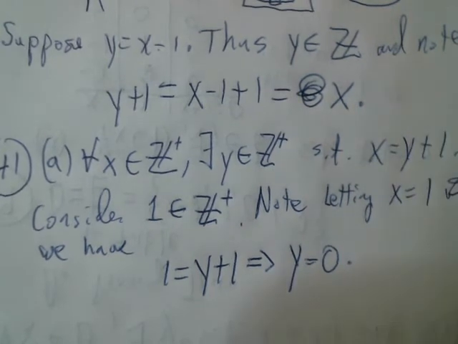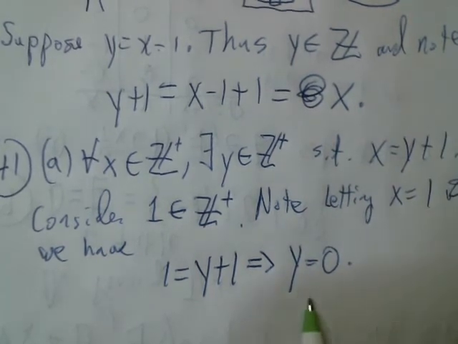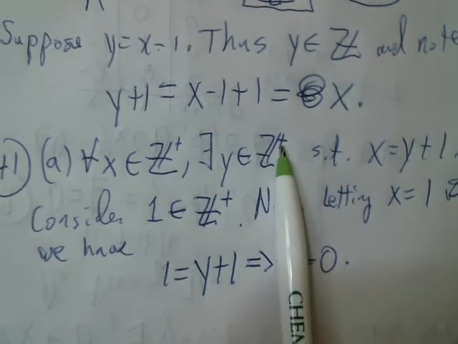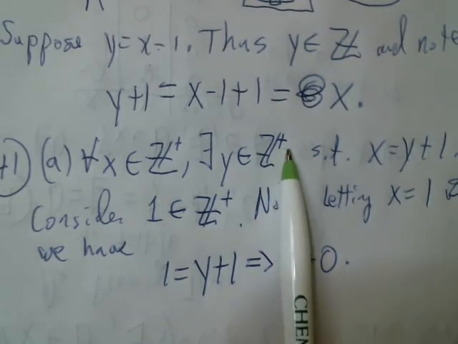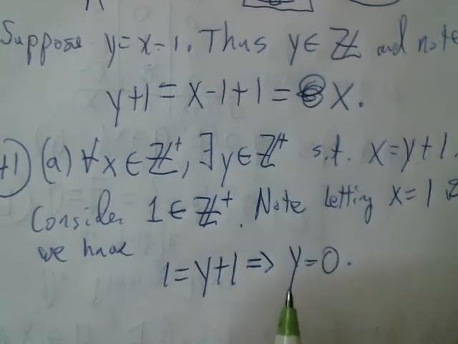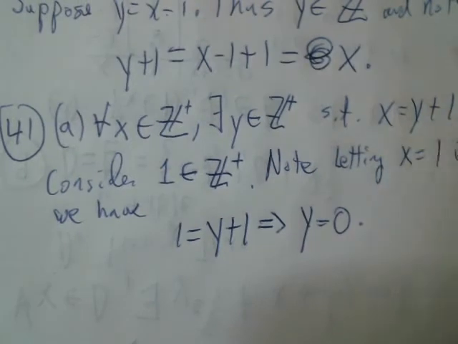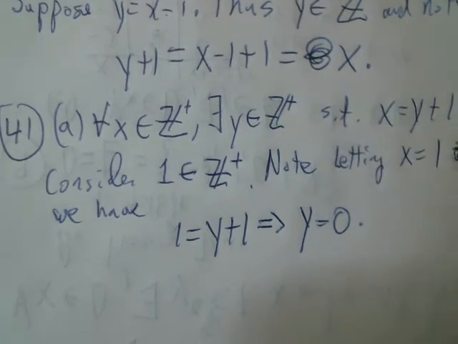Okay, this is automatically a problem because 0 is not in the positive integers. The positive integers only count 1, 2, 3, the natural numbers. So hence, at least in this case, there exists an x in the positive integers such that there is no y in the positive integers where x equals y plus 1.